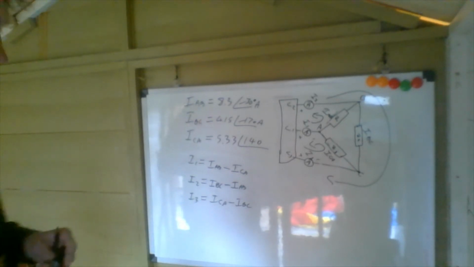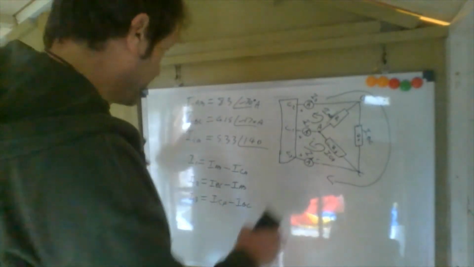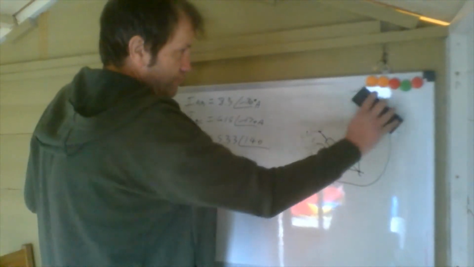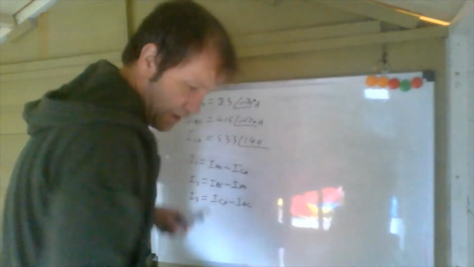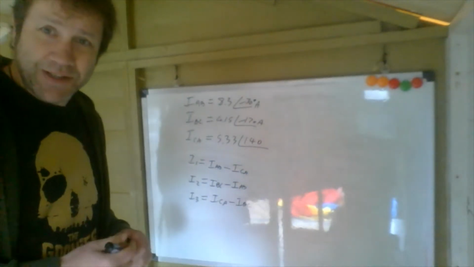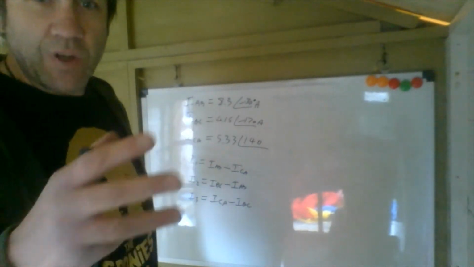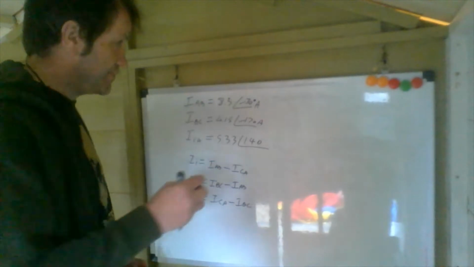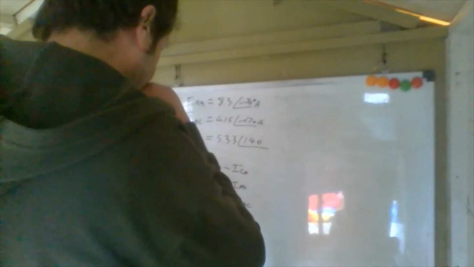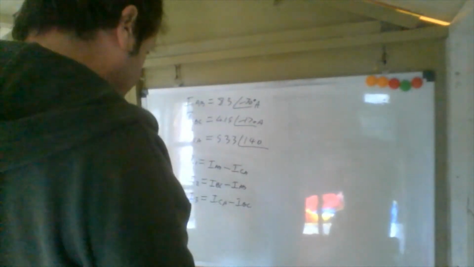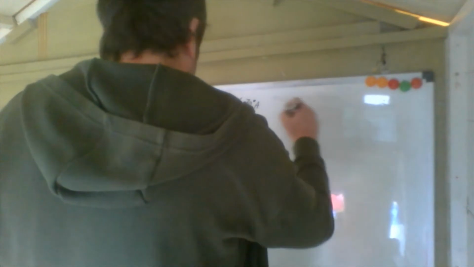Now, what I'm going to do is look at the power, and hopefully it will tally up with what we did in the star, because there's a connection between star and delta. So we've got the current and the voltage.